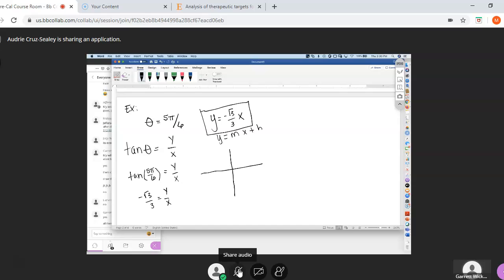Oh, quadratic? Nope, there's no x squared. Oh no, it's a line. y equals mx plus b is a line with a slope of negative square root of 3 over 3. It's a line that goes through the point 0, 0. So now I can graph it.